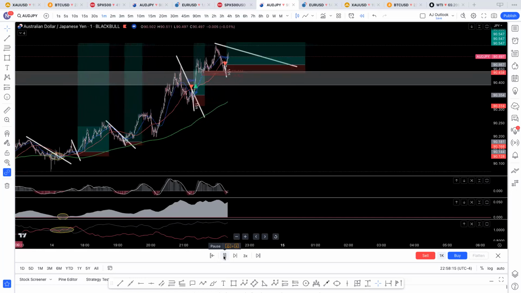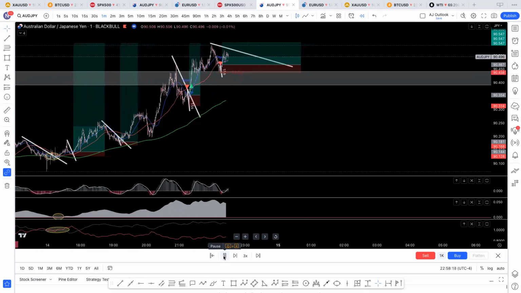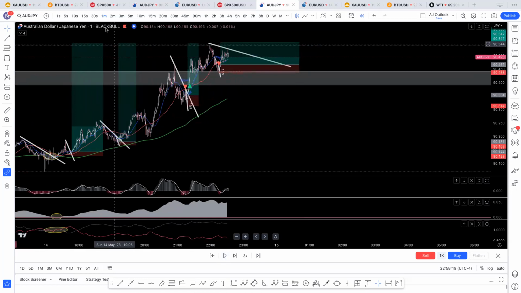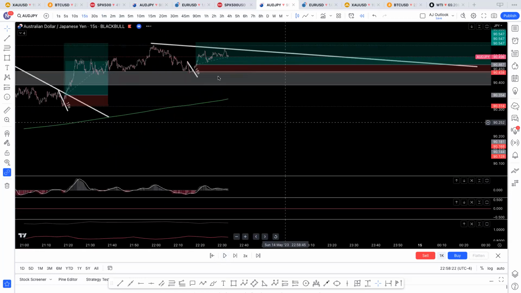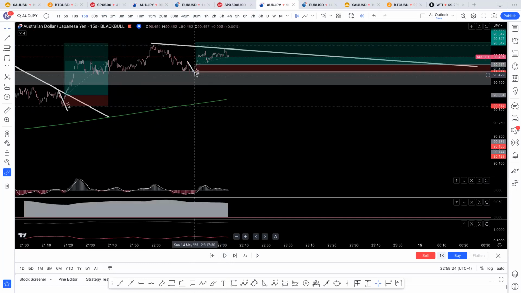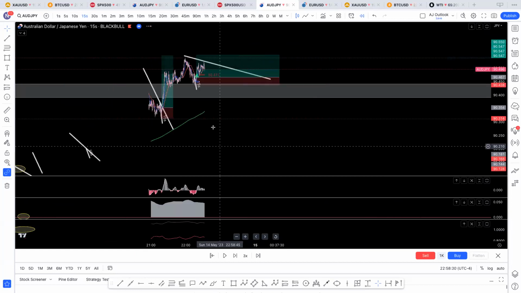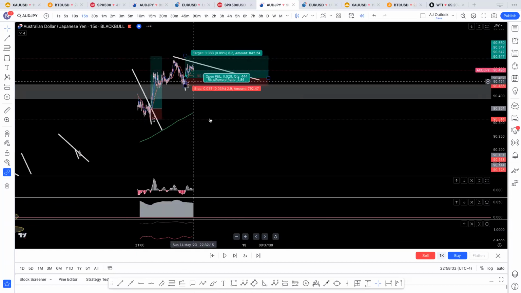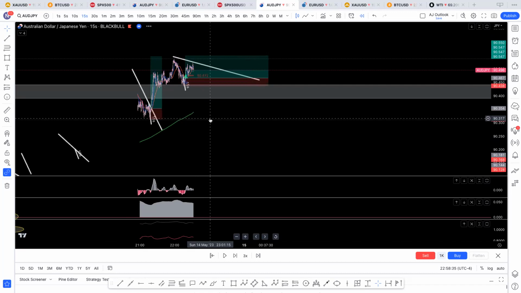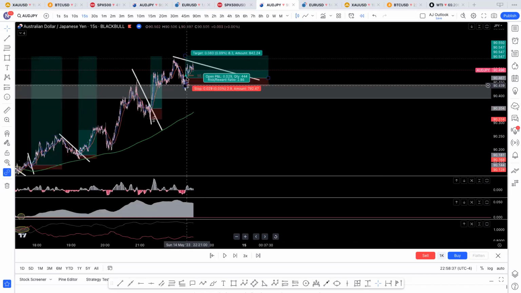All right, and so got that pullback. Then I dropped down to the 15 seconds. And the reason why this is right here is because there's an impetus level for this main triangle. So, where is it? Oh, yeah, it's right there.